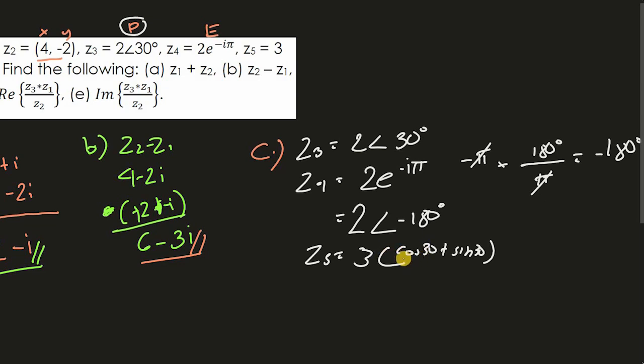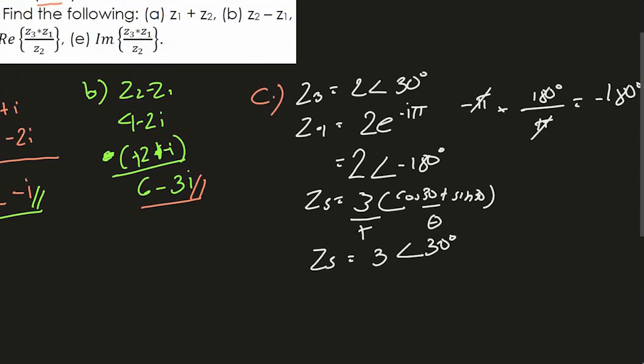Parang, di ba, when we are finding for the value of x, x is r cos theta, and y is r sin theta. So, in this form, meron tayong mga values. Itong 3 na to, this is the R, and the 30, since same sila, ito yung value ng ating theta. So, since we know the value of the modulus or the R and the theta, we can write this in polar form, which is Z5 is equals to 3 angle 30 degrees. As simple as that.